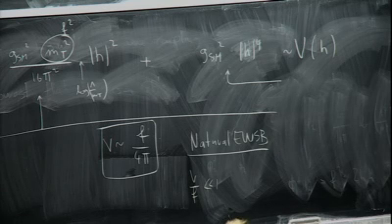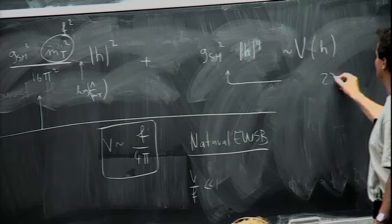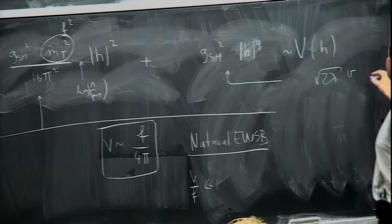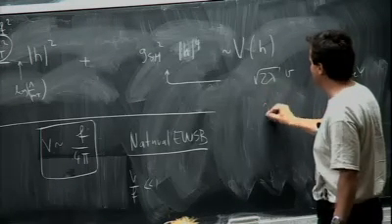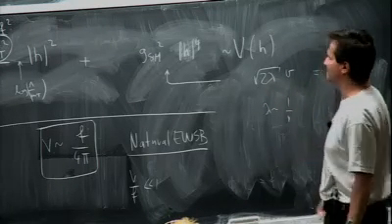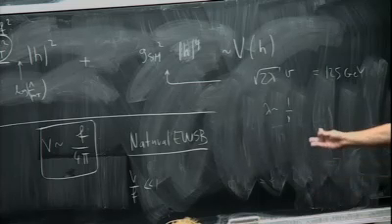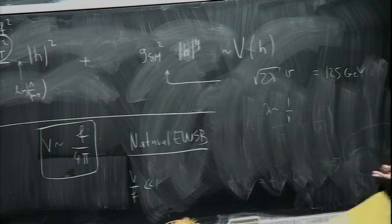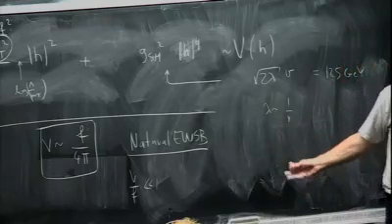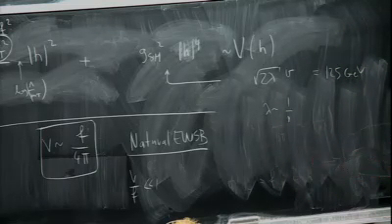But the quartic also sets the mass of the Higgs, and the mass of the Higgs is root 2 lambda times v, and for this to be 125 GeV, it turns out lambda should be more like 1 over 8. So now is this a tree level or is this a loop? Well, I don't know. It doesn't look like 1. Of course, it also doesn't look like 1 over 16 pi squared.